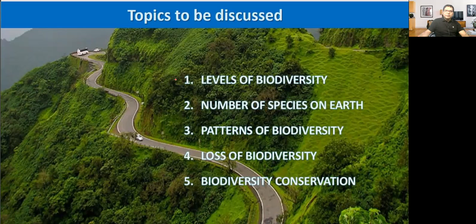We'll be discussing levels of biodiversity, number of species on Earth, patterns of biodiversity, loss of biodiversity, and biodiversity conservation. We'll deal with all these topics one by one. So let us start with levels of biodiversity.